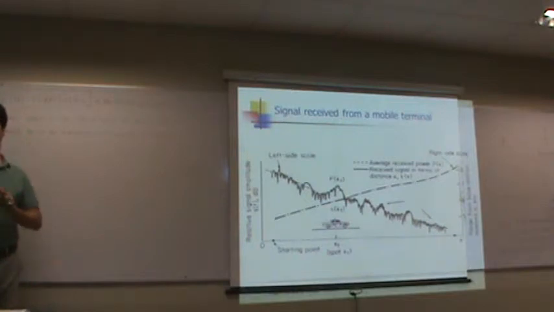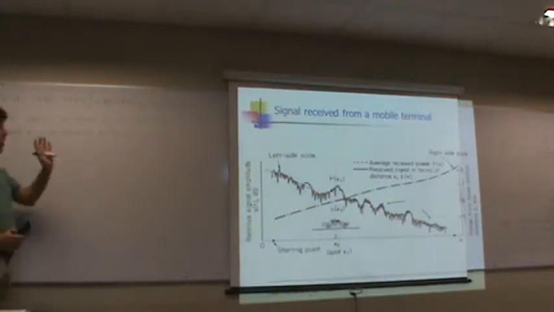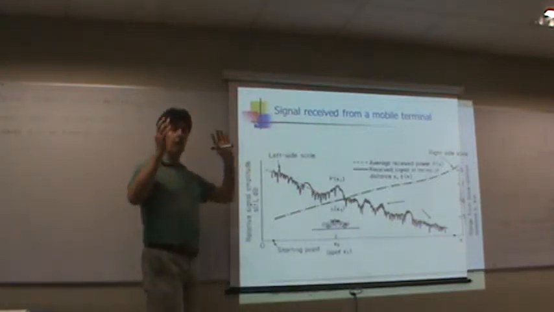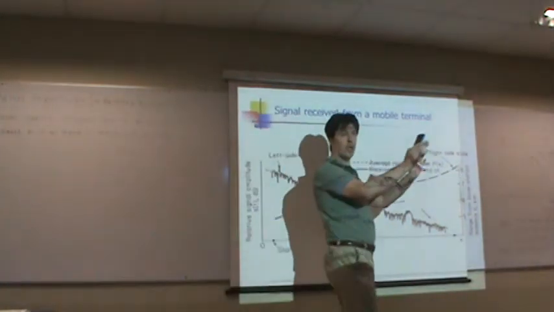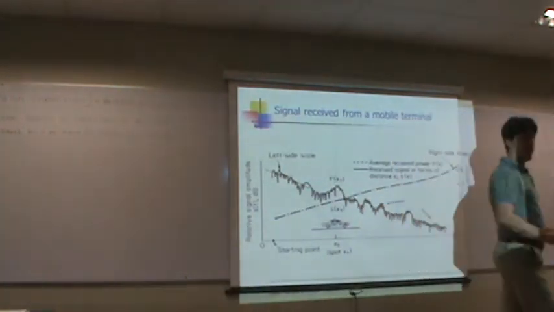Mobile cell phone or mobile communication in general. But we are mainly on the geometry that we saw before. Base station on top of a building, users on the ground.